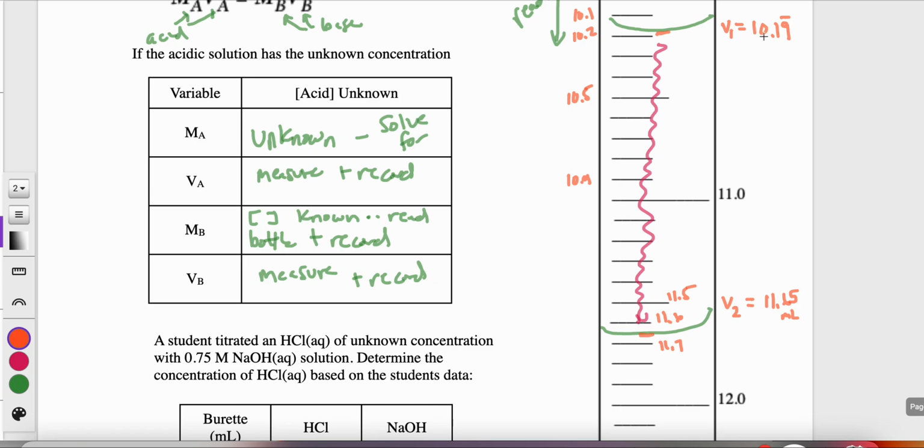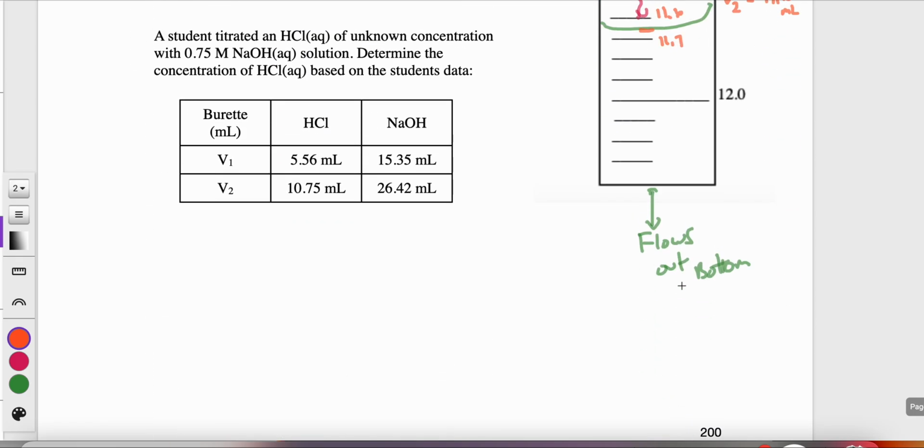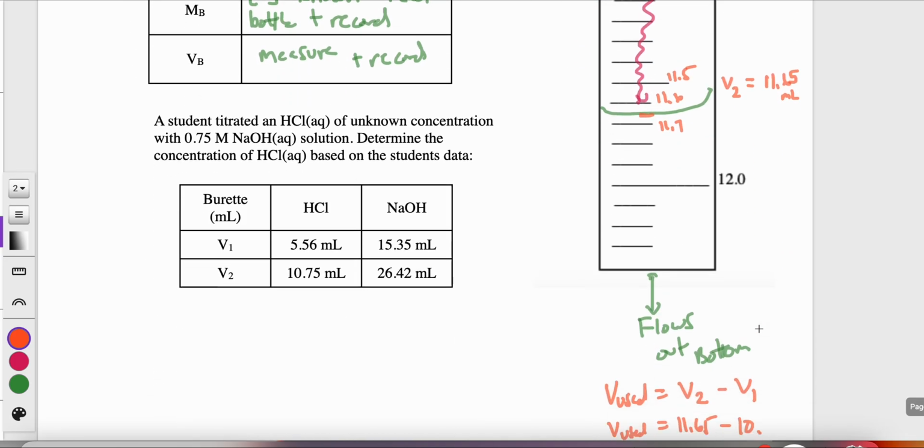So my meniscus started at 10.19, and it ended at 11.65. So the volume used, I'm going to do this. The volume that I actually used is equal to the V2, where the meniscus ended, minus the V1. So my volume I used in this lab was 11.65 minus 10.19.